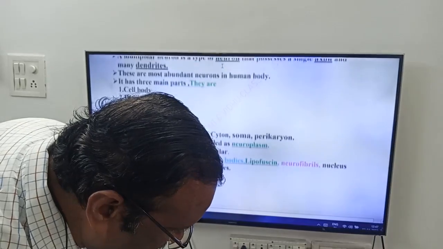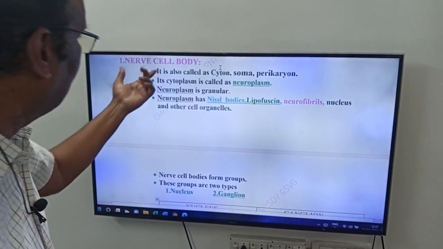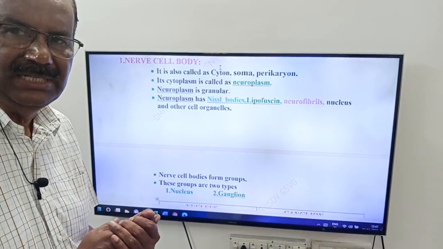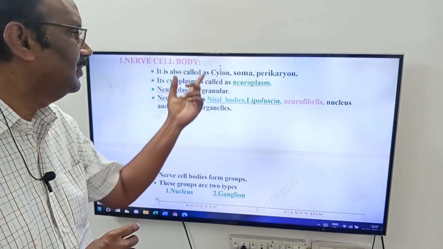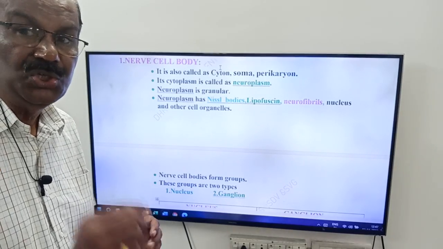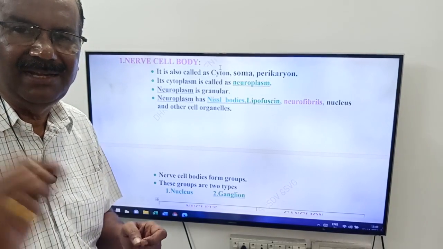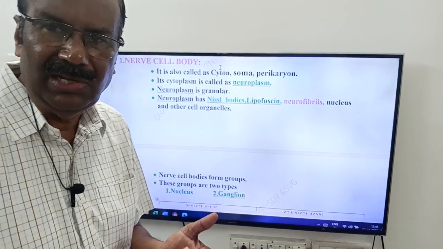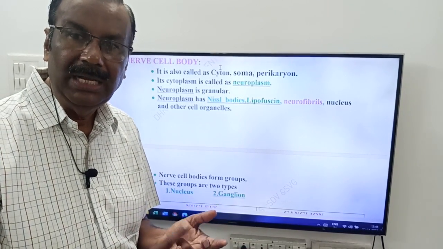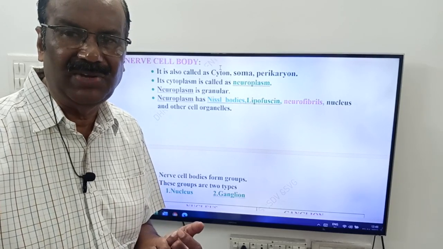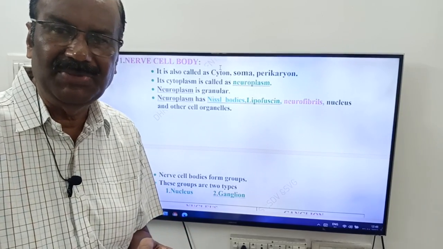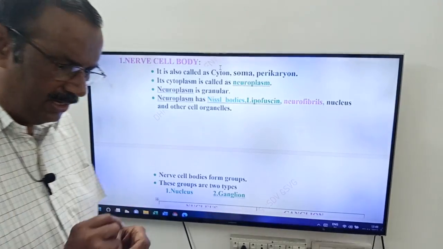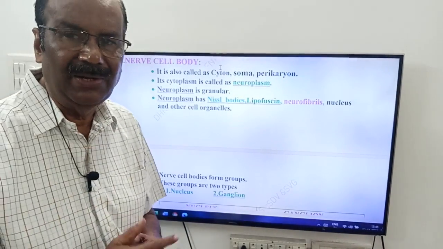Now come to the cell body. See here, the nerve cell body is also called cyton, soma, perikaryon. Once again, what are the other names of the nerve cell body? Cyton, soma, perikaryon.